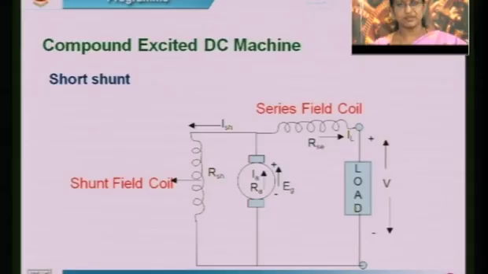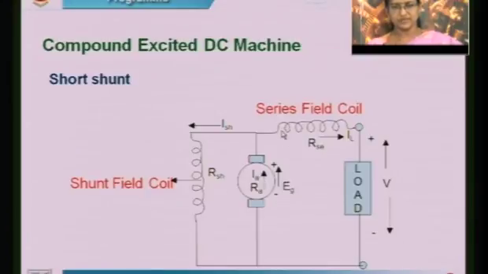Now, you see the combination of series and shunt. When you are connecting the shunt field and series field coil in combination with respect to the armature, here you have connected the shunt field winding in parallel with the armature.